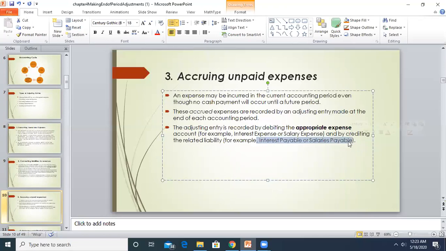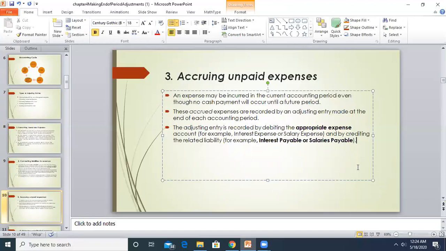So here is accruing unpaid expenses. It means the period has ended but you still have not paid those expenses. By the end of the period, you have to record the appropriate expense, whatever the case is, either an interest expense or a salary expense that you have to pay to your employees.